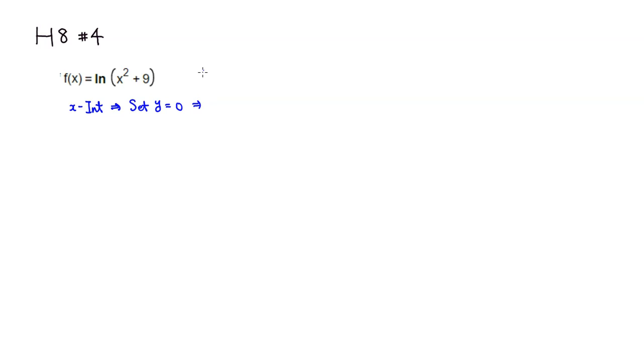So we're going to have this equation: natural log of x squared plus 9, and set that equal to 0. Then try to solve and see what happens.